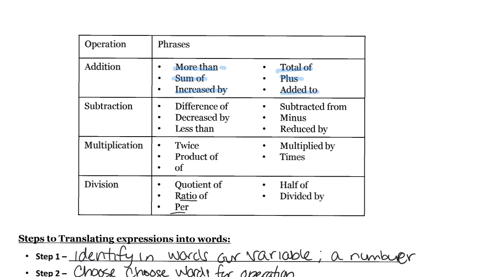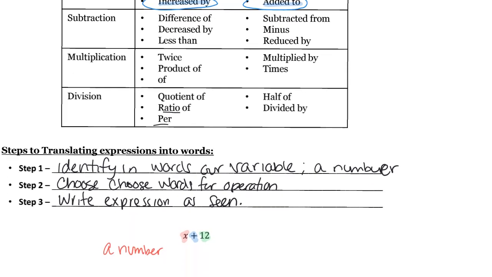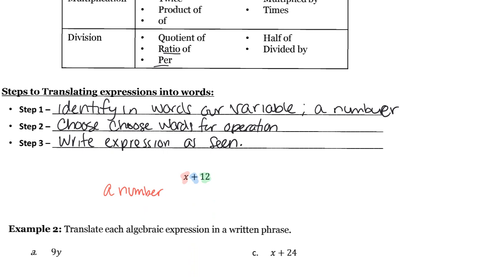Because I started with a number, I would probably either use increased by or added to, just because of how we started the sentence. So I'm going to use increased by. So a number increased by, and whatever it's increased by, 12. So a number increased by 12 is probably what I would write.